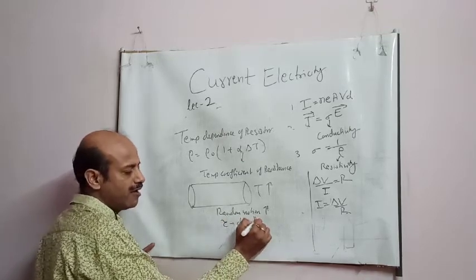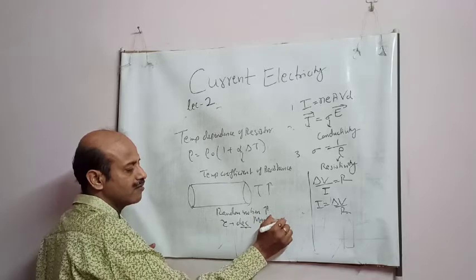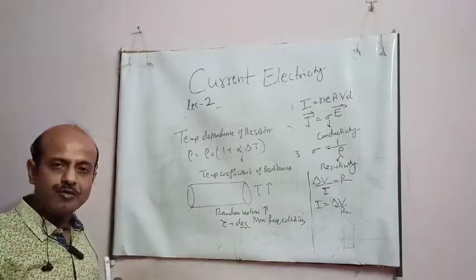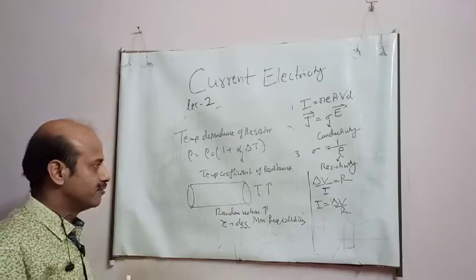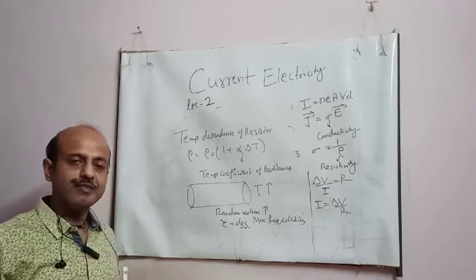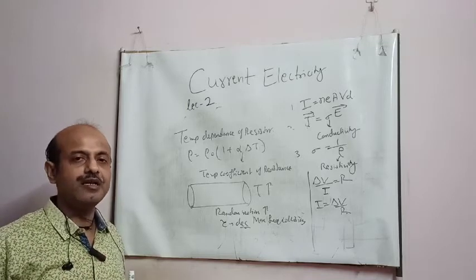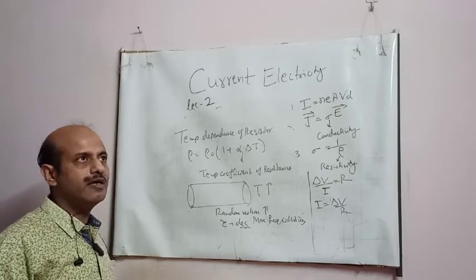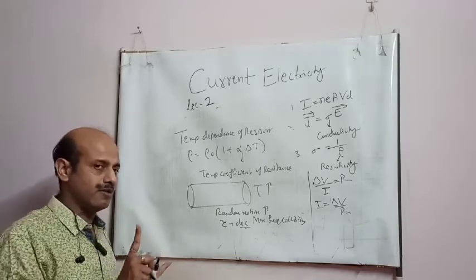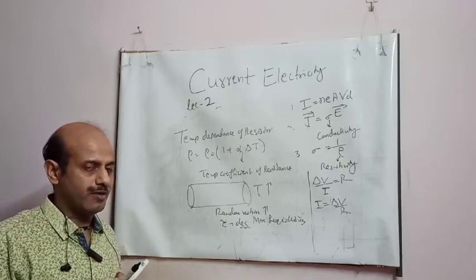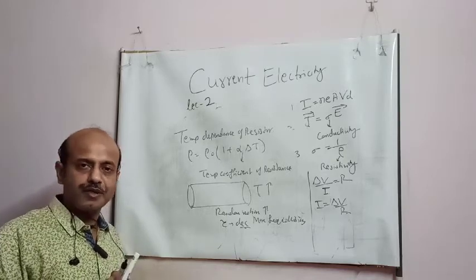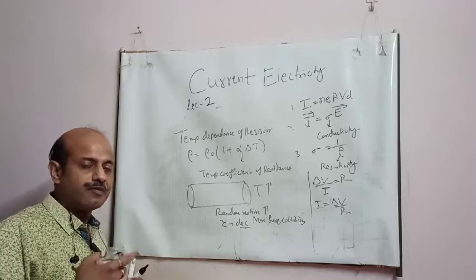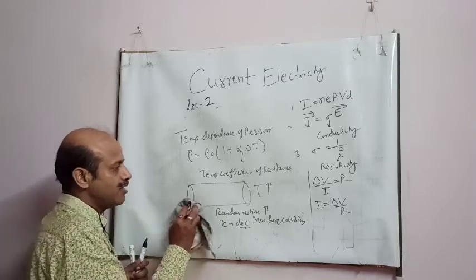There will be more frequent collisions, and more collision means more resistance, student. So with increase in temperature, the resistance will generally increase in case of conductors. Though in semiconductor it has some other effect, but basic remember, due to increase in temperature generally the resistance will increase. But sometimes some other factor dominates, as for example in case of semiconductors.